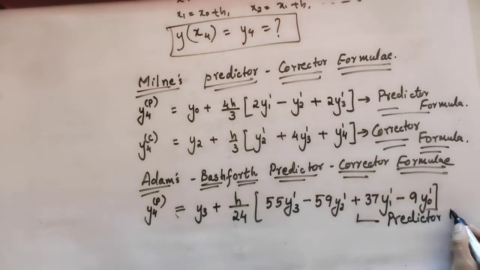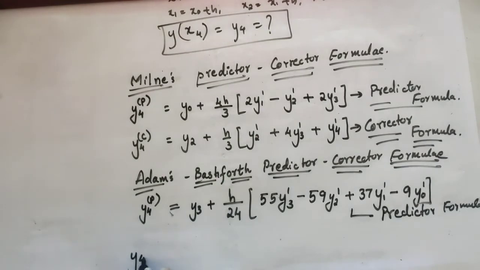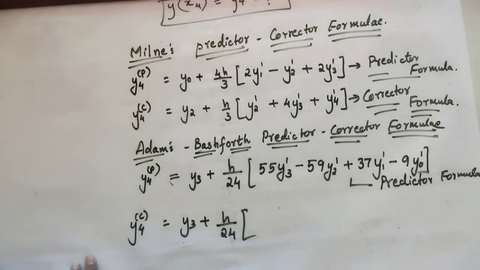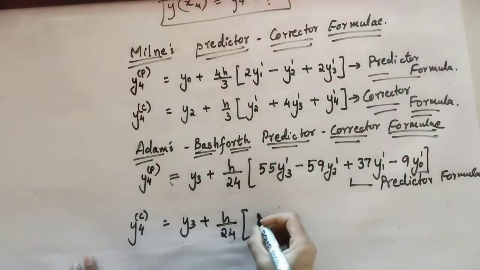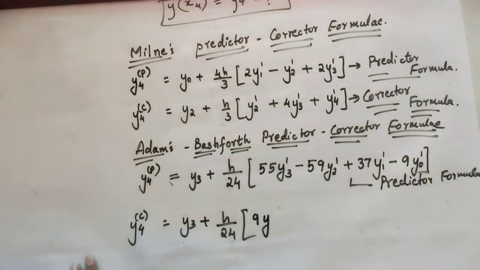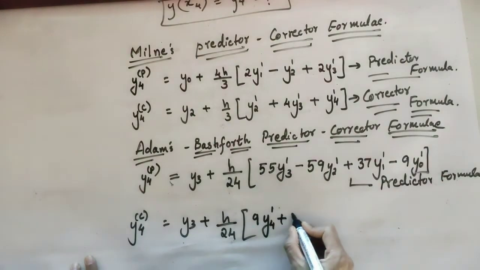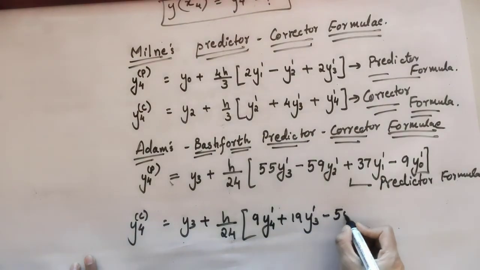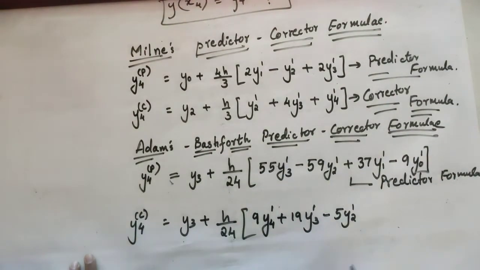Predictor formula, I'll write it in short here. Similarly we can find the corrected value for Y4, that is equal to Y3 plus h over 24 times (9 Y4 dash plus 19 Y3 dash minus 5 Y2 dash plus Y1 dash).